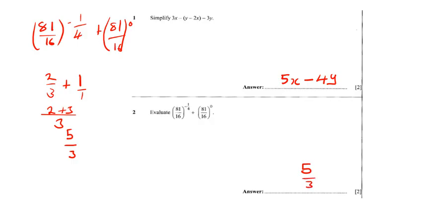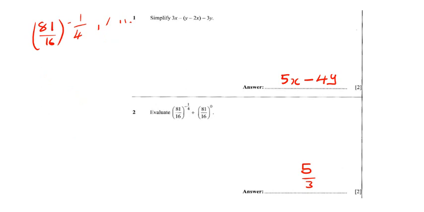Now I want to show you the crook method of simplifying the big thing which we had in this question. So we have plus open bracket 81 over 16 to the power 0. So if you have a negative there, since we understand that the negative just shows the reciprocal of this number, you can just swap in advance.